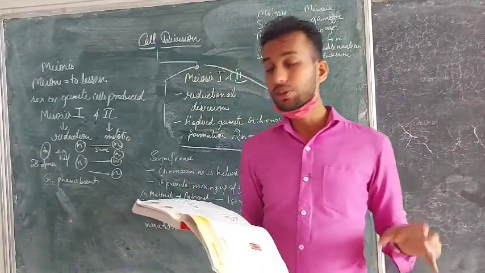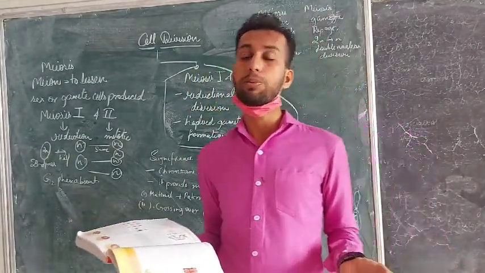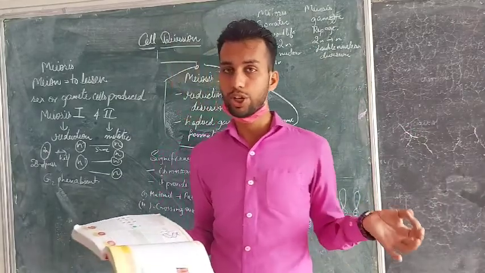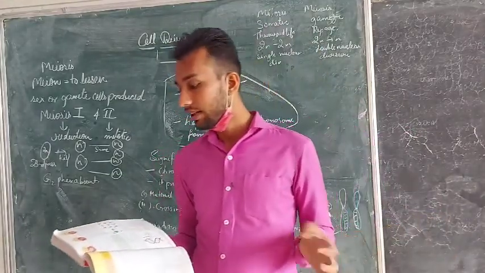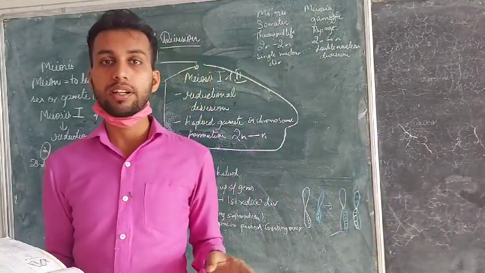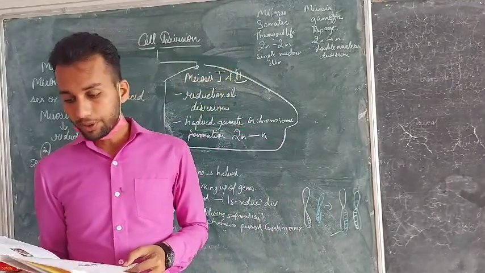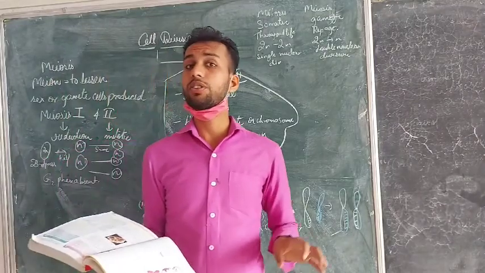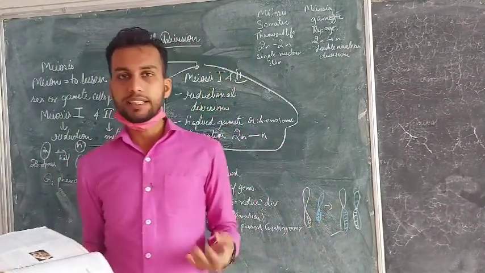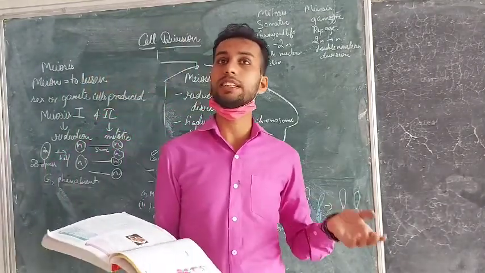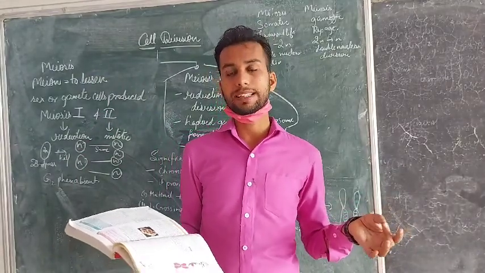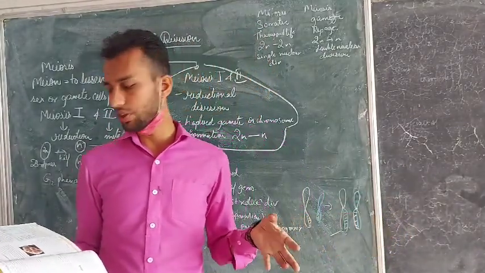Then we studied the chromatin network, composed of histone protein and DNA, the nitrogenous bases, the phosphate and sugar, and the bases bound by hydrogen bonds. Then we studied the structure of chromosome and what genes are. After that, we studied why cell division is necessary for growth, replacement, repair and gamete formation.